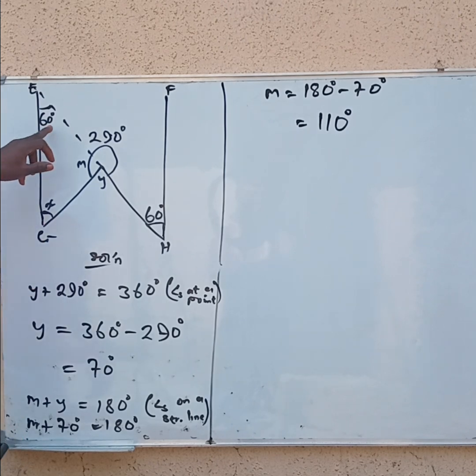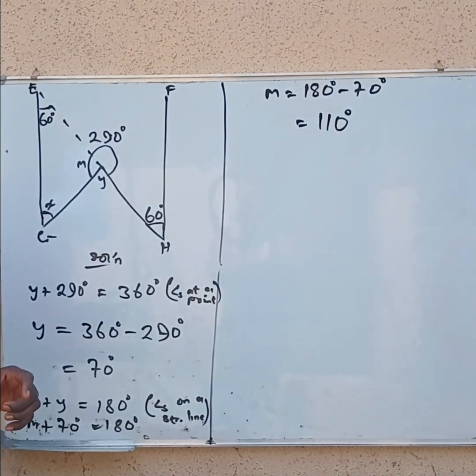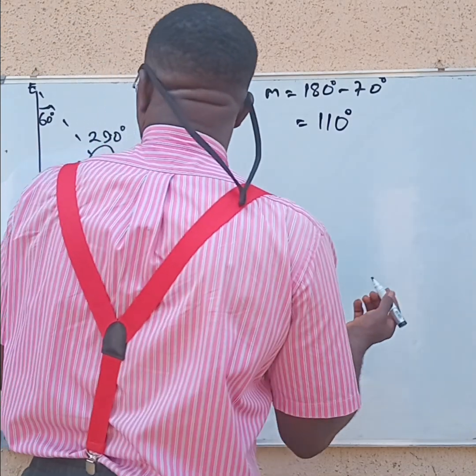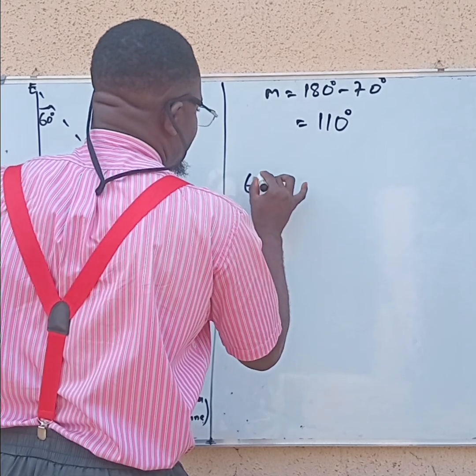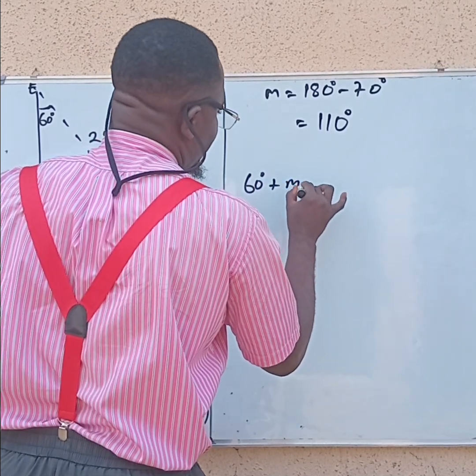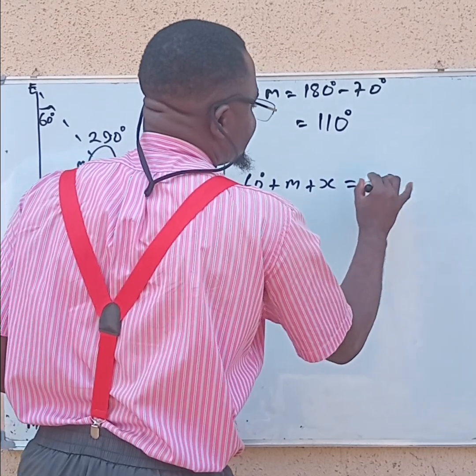So I can say that my 60 degrees plus M plus X is equal to 180 degrees, the sum of angles in a triangle.